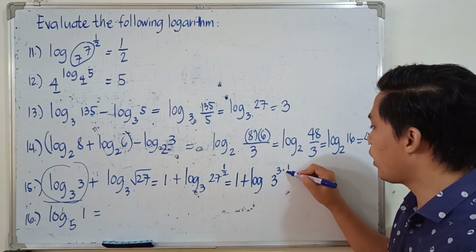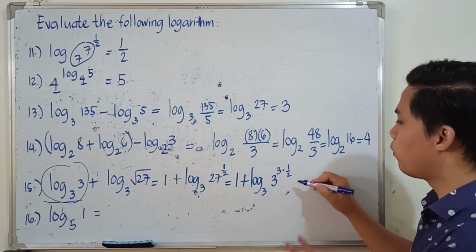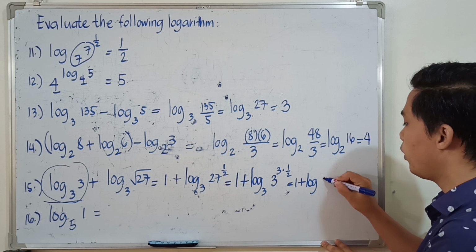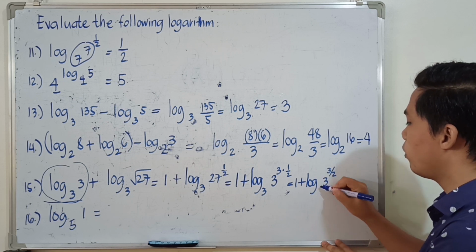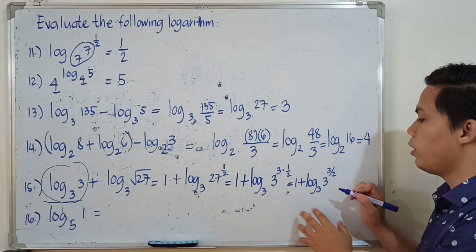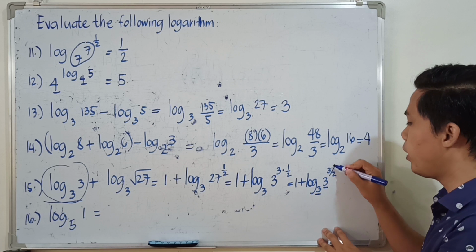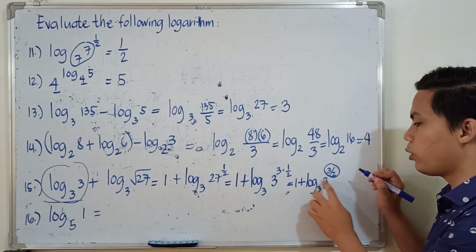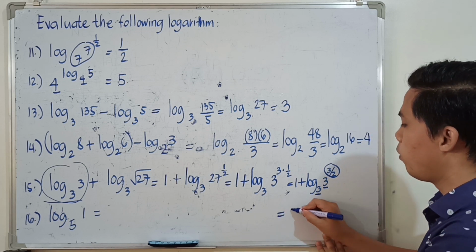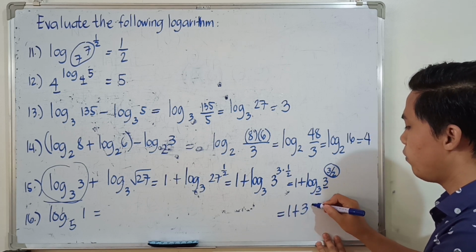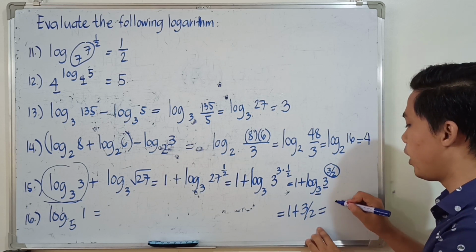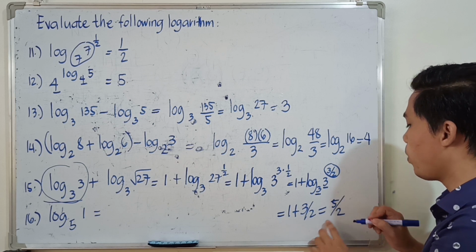So, since may 1/2 na kanina, therefore, we have 1 plus the logarithm of 3 raised to 3/2 to the base 3. Okay? Same lang ng property kanina. Since same yung base natin dito, then, yung answer sa expression na ito would be equal to the exponent, which is 3/2. So, we will have 1 plus 3/2. Okay, then we add them. Finally, the answer would be equal to 5/2.